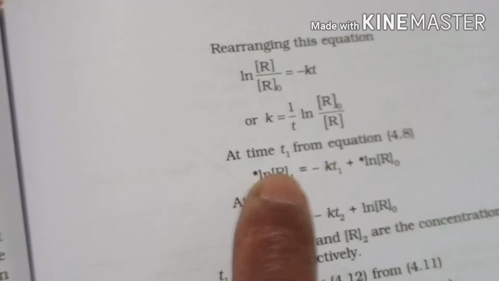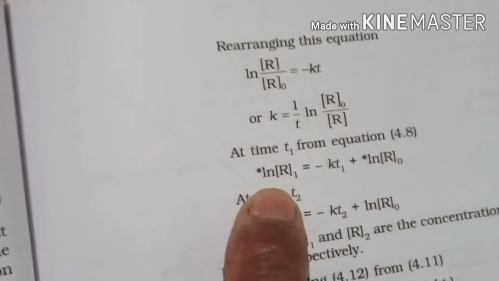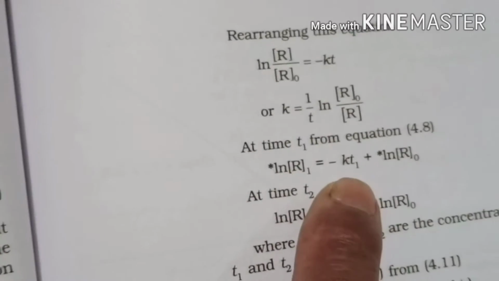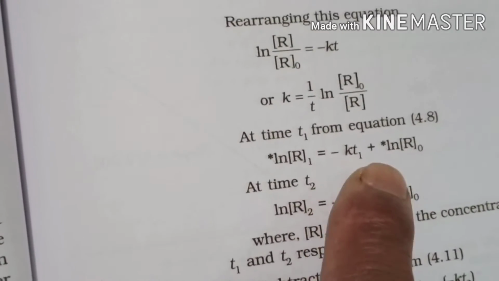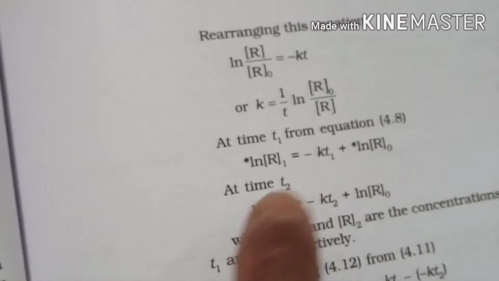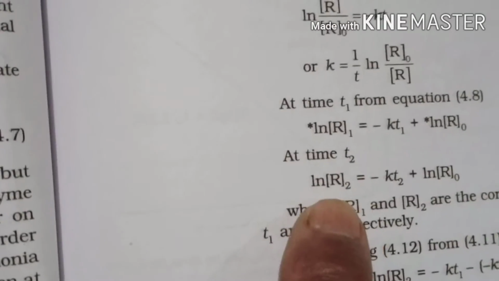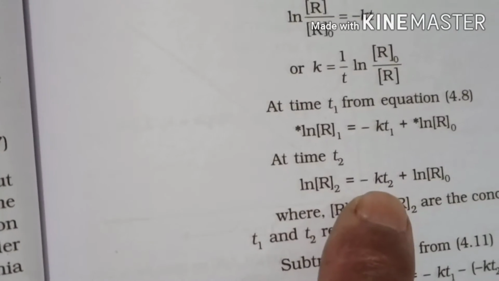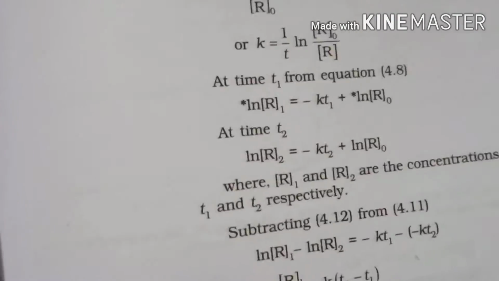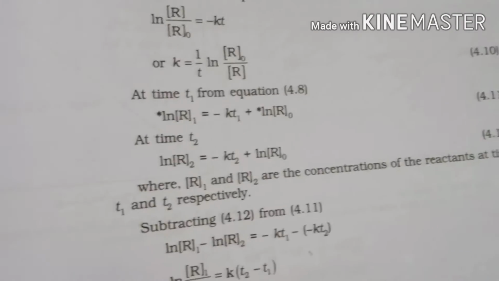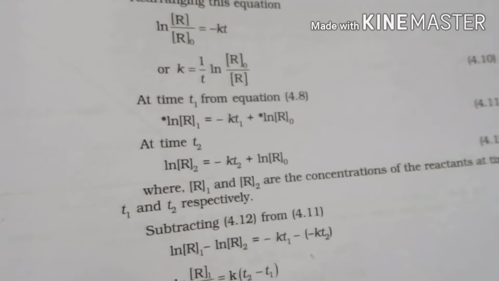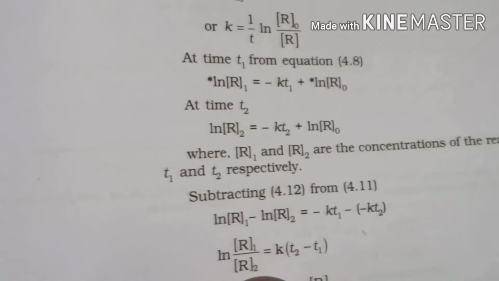At the time t1, ln R1 equal to minus kt1 plus ln R naught. At the time t2, we get ln R2 equal to minus kt2 plus ln R naught, where R1 and R2 are the concentrations of the reactant at the time t1 and t2 respectively.